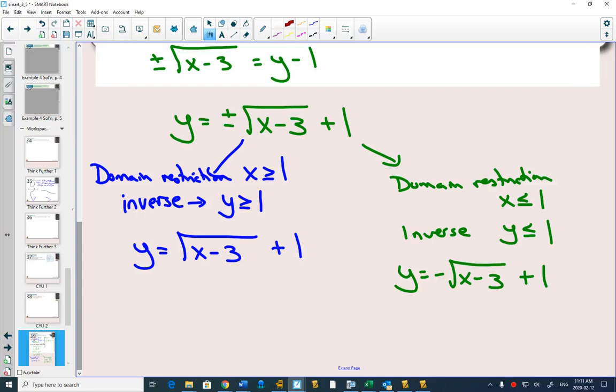Sometimes the algebra will be easier than the graph. Sometimes the graph is easier than the algebra. We've done both here, but you have to get yourself comfortable with both methods so that you can say, oh, in this case, I think I'd rather use algebra to figure it out. In another case, I think it makes more sense for me to do a graph to figure it out.